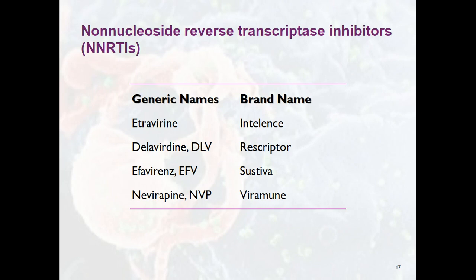These are typically used with two NRTIs, and it is primarily being used as part of a regimen for those with a history of different types of treatment to which they have developed resistance. So this etravirine is actually used specifically for patients who develop a resistance to previously tried antiretroviral drugs.